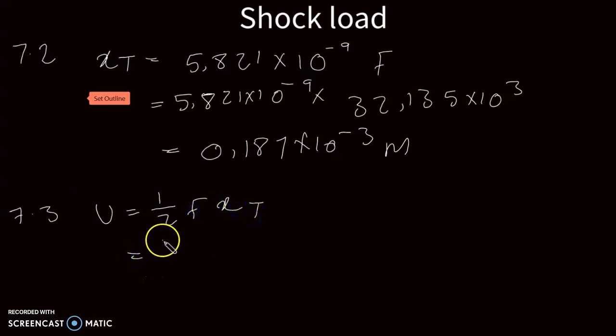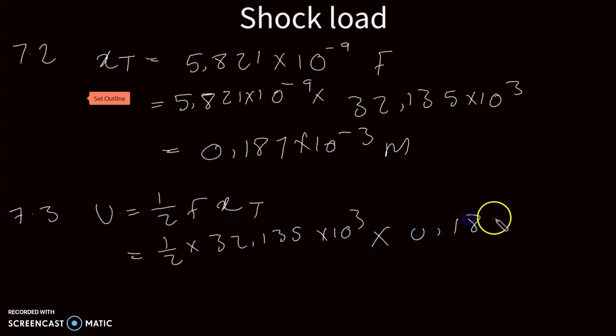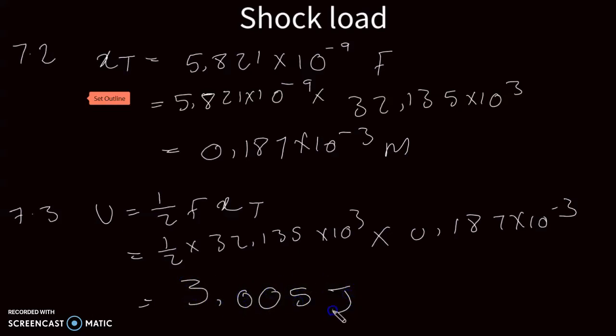All of this we have: the force times 10 to the power 3 times 0.187 times 10 to the power negative 3. Therefore, our strain energy is equals to 3.005 joules. And then we go to the last one.